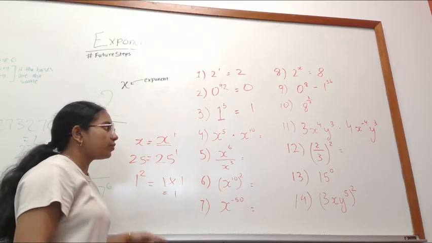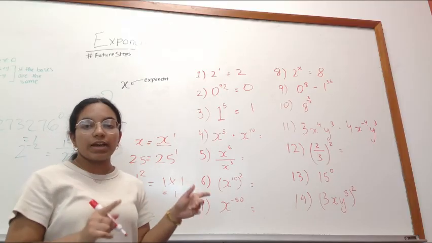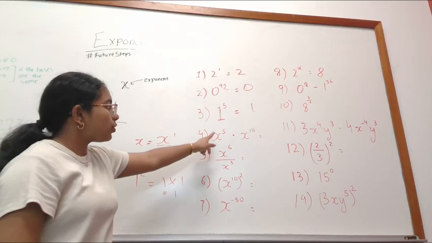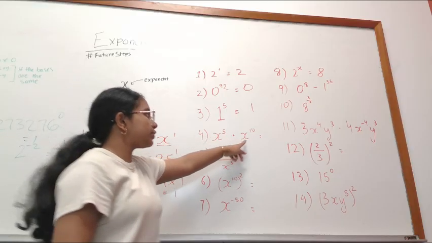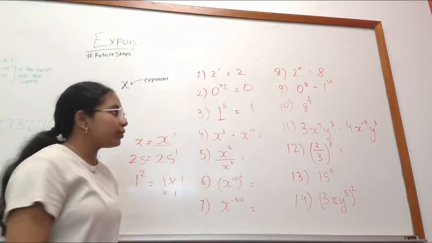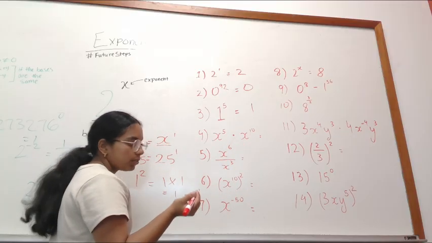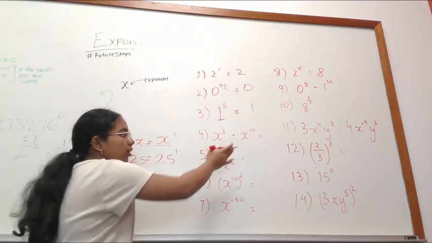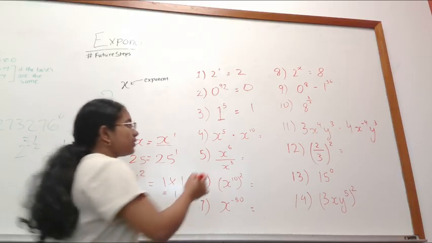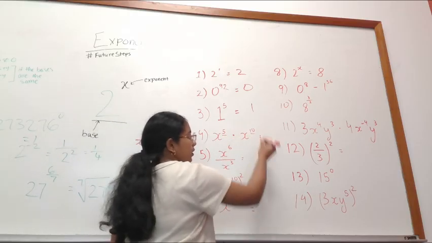Now let's put some of the rules we learned before into practice. Number 4 is x to the power of 5 multiplied by x to the power of 10. You know that multiplication could also be shown with just a dot. That's another symbol for multiplication. In this case, 5 and 10 are the exponents.